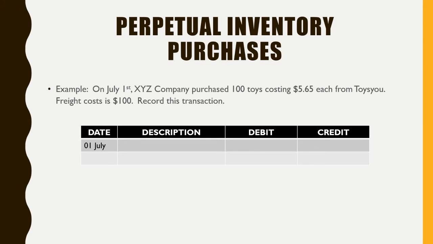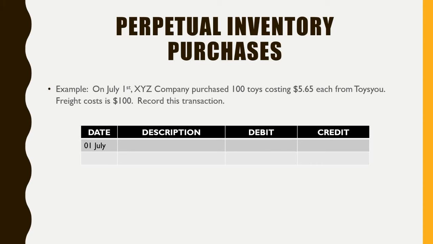Okay? So let's take a look. Here you have a sample example where on July 1st, XYZ company purchased 100 toys costing $5.65 each from Toys U. The freight is going to cost you $100. Record this transaction.